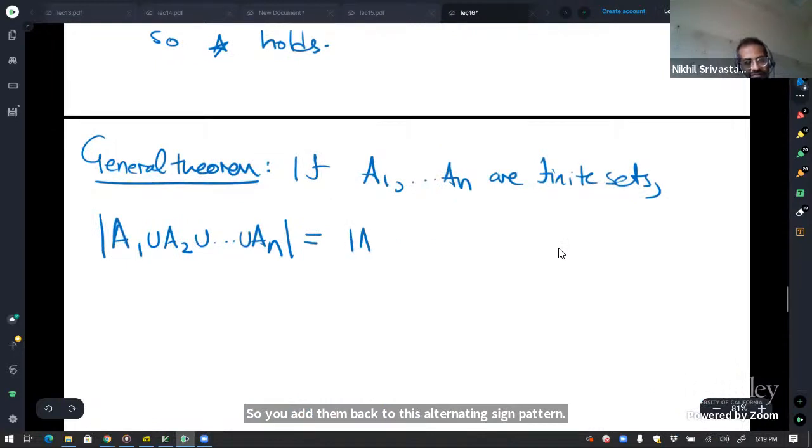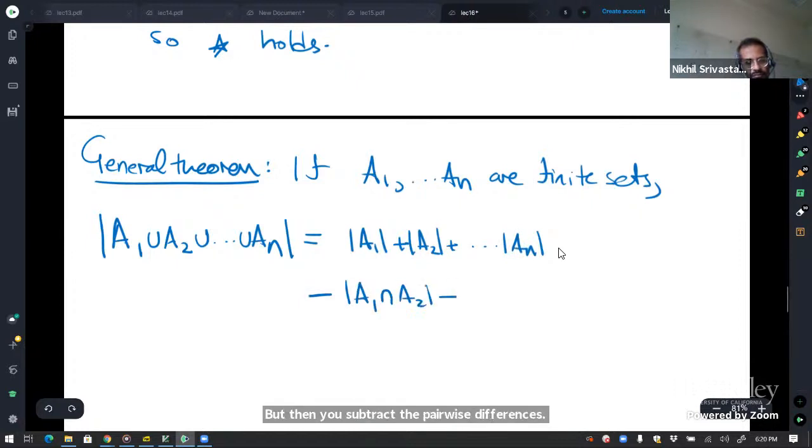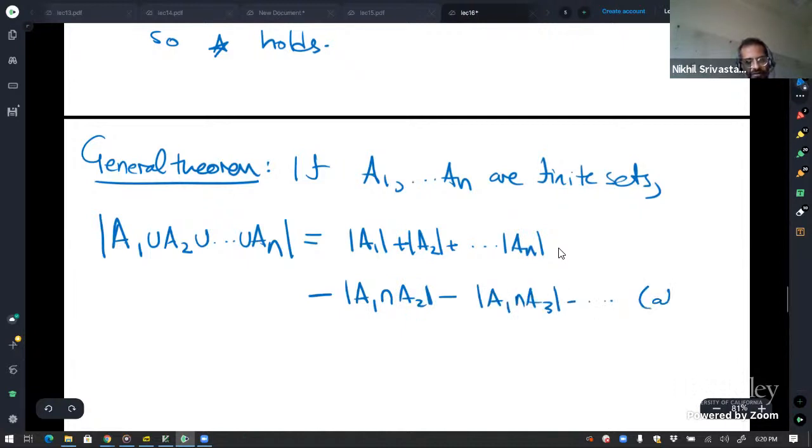So this is the sum of the cardinalities of all the sets. But then you subtract the pairwise intersections. So this is all pairs. And then you add all the triple intersections.